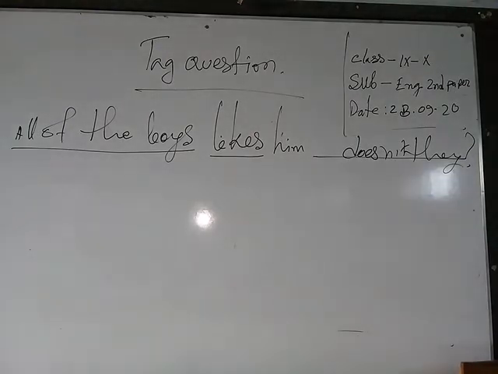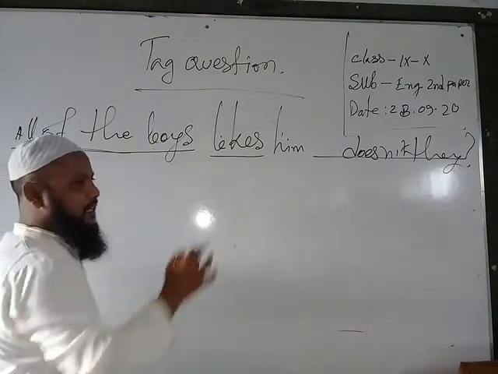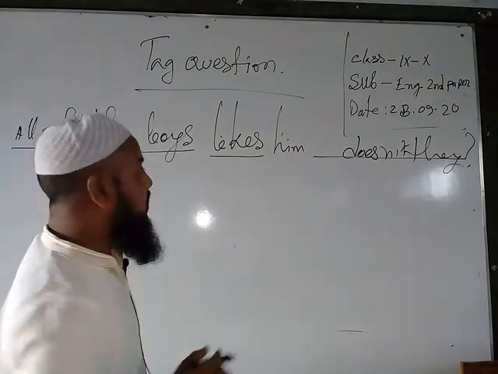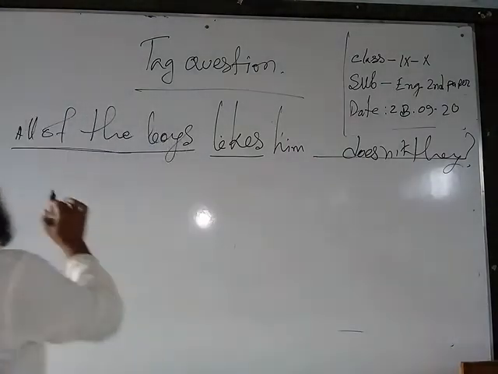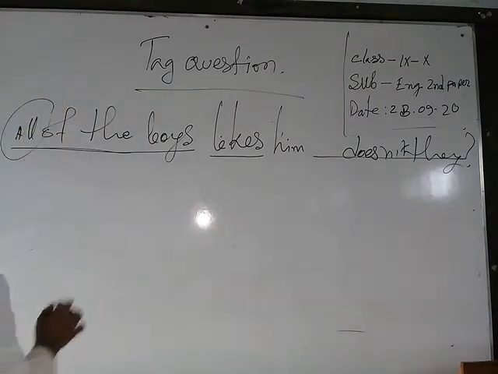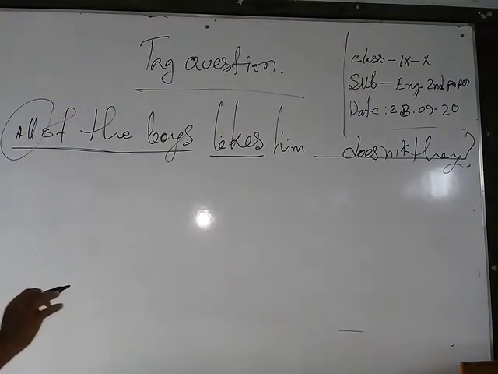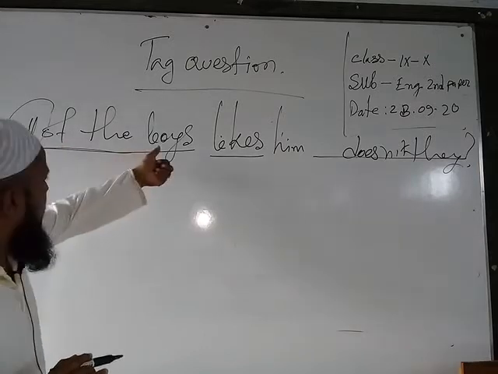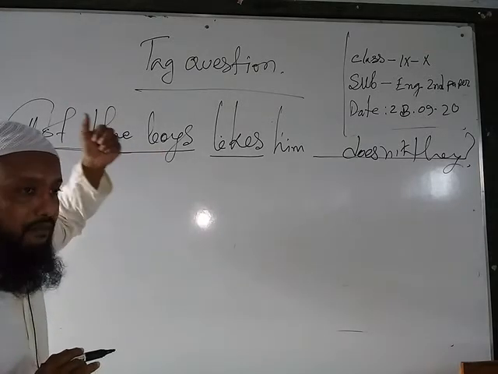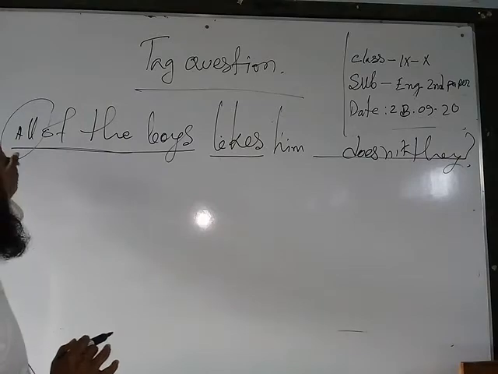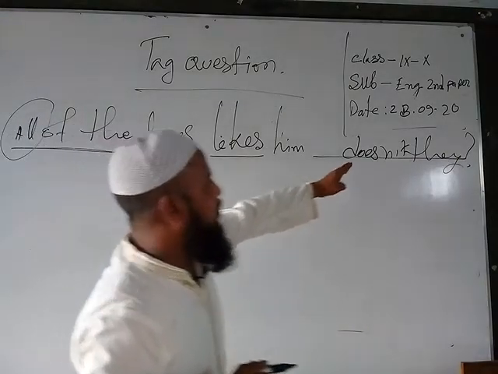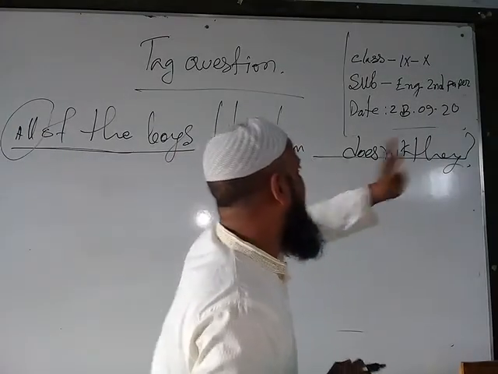All of the boys, none of the boys, all of them. If the sentence has all of the, and then the subject is third person, we use they. All of is a plural form. That means if any sentence has all of the boy, it is incorrect.